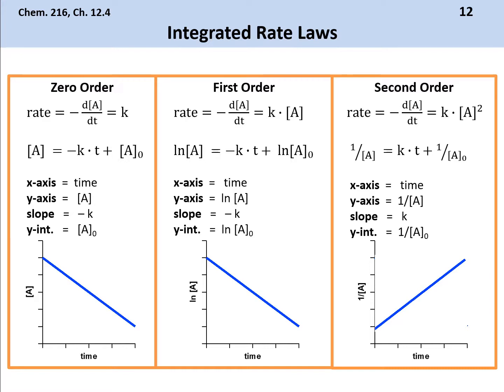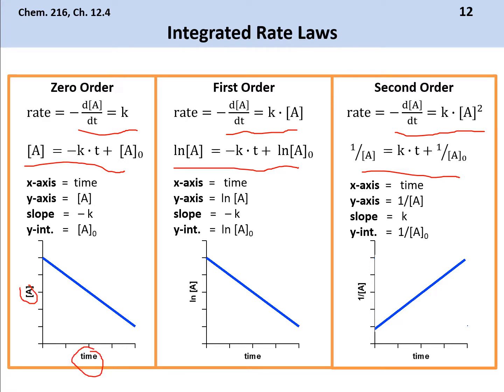So 0 order, we have this differential rate law. First order, we have this one. Second order, we have this one. Okay. These are my 3 integrated rate laws. And the reason that we have them like this is we can plot concentration versus time, and if it's 0 order, we'll get a straight line.